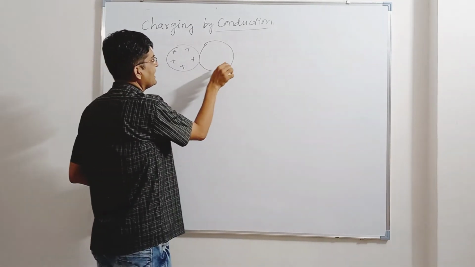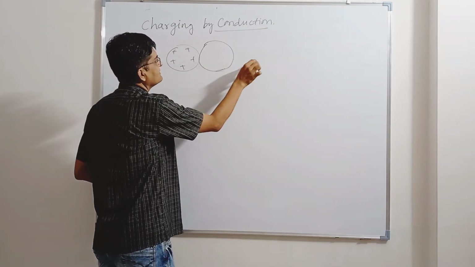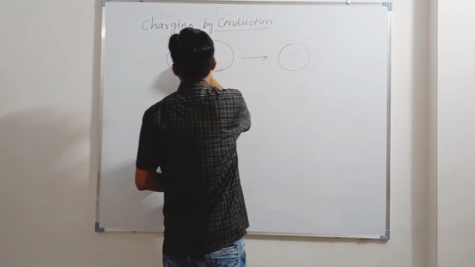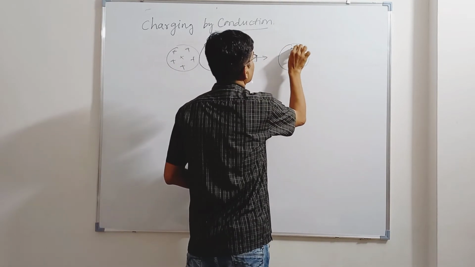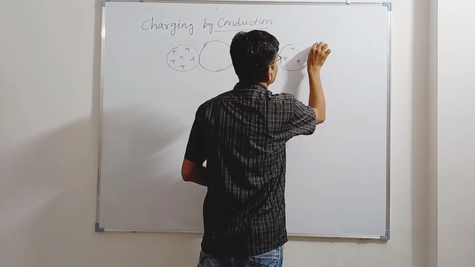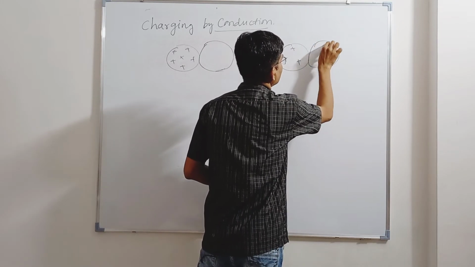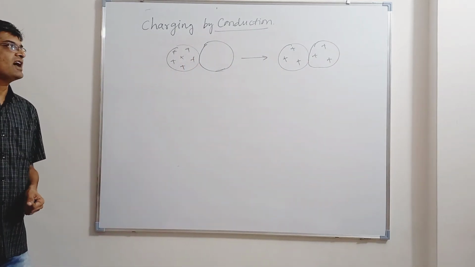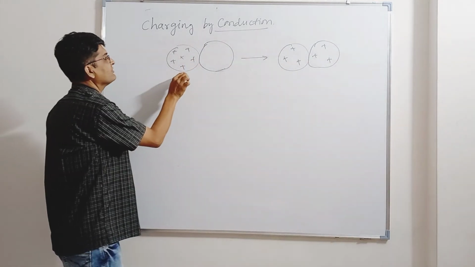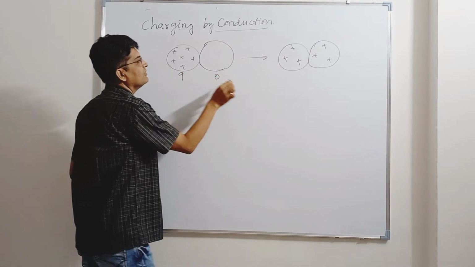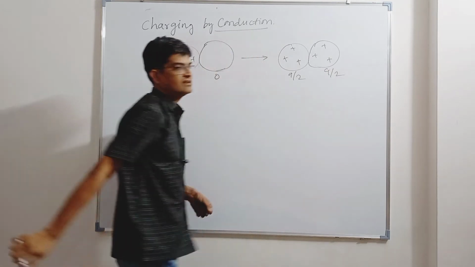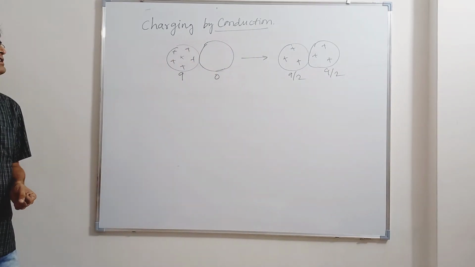Then after some time you will see that both become positively charged, or the charges are distributed, right? If suppose this was Q and this was 0, then Q by 2 is over here and Q by 2 is over here. This is what happens in conduction.